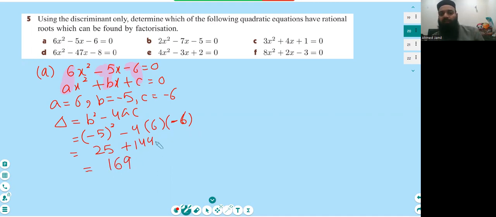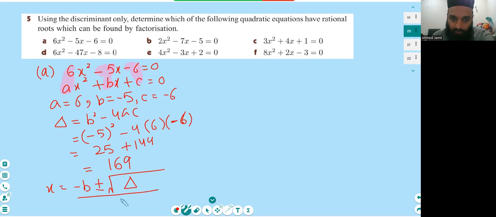And 169 is a perfect square. You can see. So, in the quadratic formula, we know that x is equal to minus b plus minus square root of b squared minus 4ac, or we can also write it as square root of delta, over 2a. So if the number inside the square root, this delta, is a perfect square, it means its square root is possible, and the square root gives you a whole number, right?